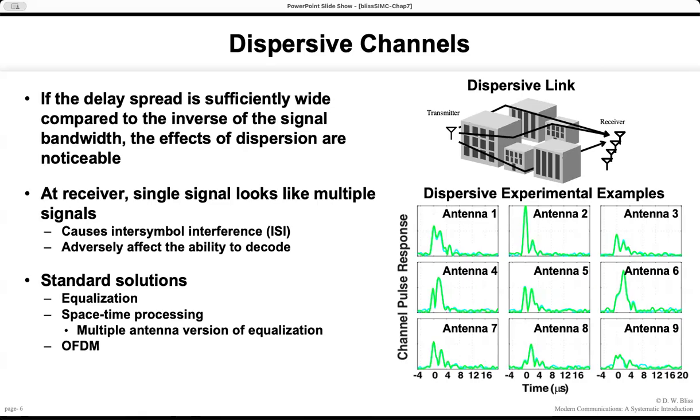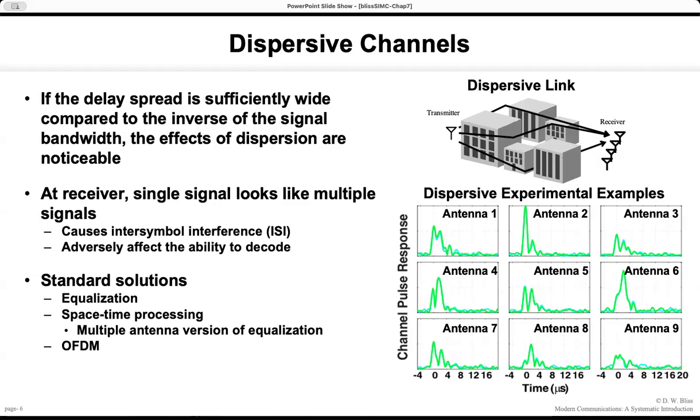A microsecond is a thousand nanoseconds, and light traverses about a foot in a nanosecond. And so that means that there are paths that are a couple thousand feet different. There are additional paths that are more than 1,000 feet longer, bouncing around things before they get to the receiver.